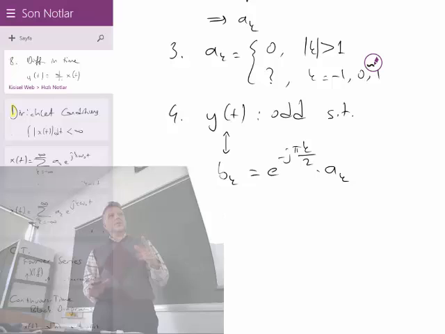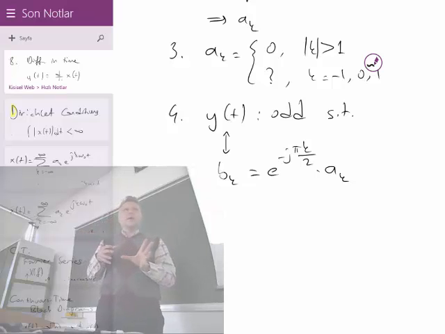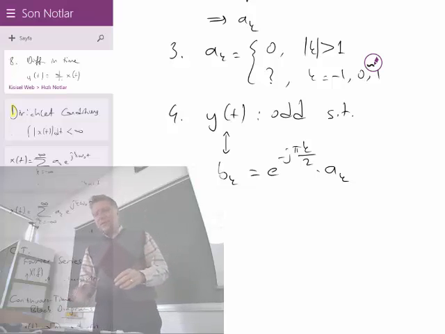Can you see that y(t) corresponds to a shifted version of x(t)? Because b_k is an exponential term multiplied by a_k. So y(t) is the shifted version. We couldn't observe x, but we could observe somehow a shifted version of it. And we know that it's an odd signal.